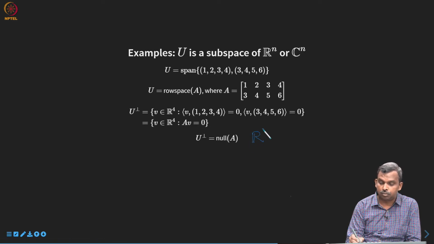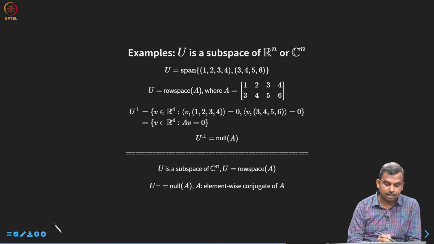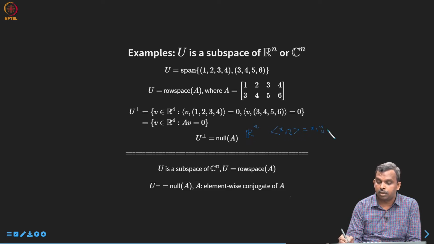Remember that. Now, if U is a subspace of Cn, where you expect complex numbers, and you write U as the row space of A, the problem in the complex case is this. For Rn, the inner product of x and y is defined as x1 y1 plus through xn yn.